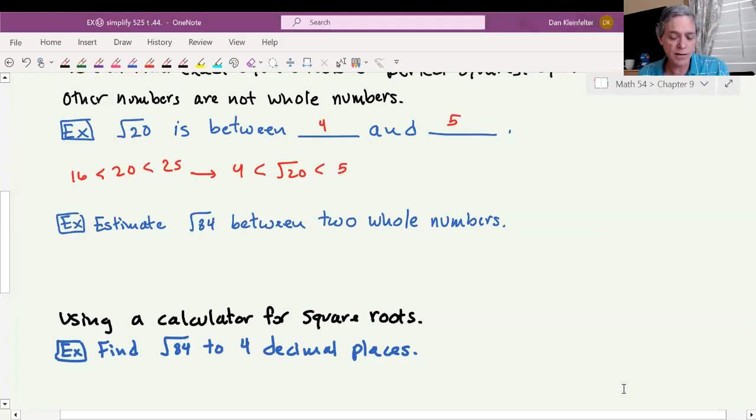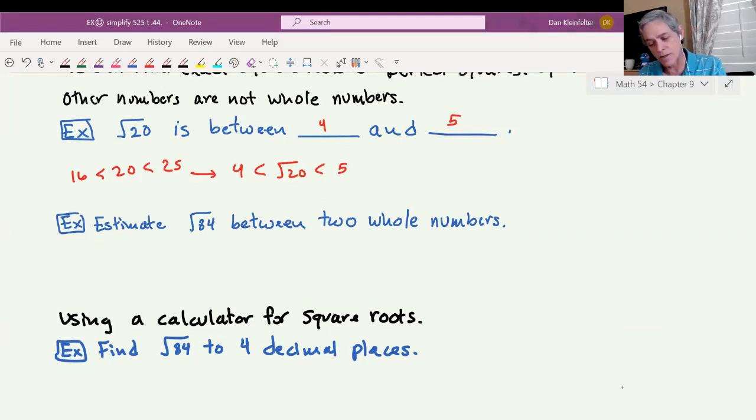So using that example as a model, take a minute and estimate the square root of 84 between two whole numbers. Okay, so 84, I need to think about perfect squares that are nearby. I know 84 is a little bigger than 81, and the square root of 81 is 9.